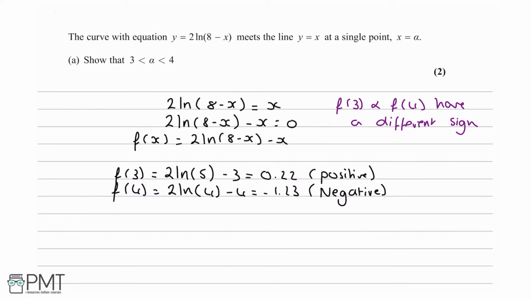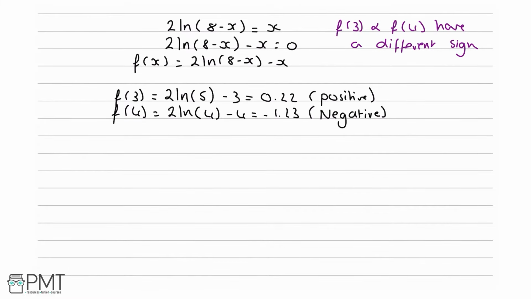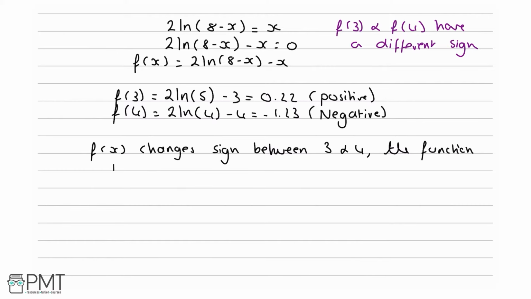So what you need to say on a question like this is that f(x) changes sign between 3 and 4. And you also need to say one more key thing: the function is continuous.